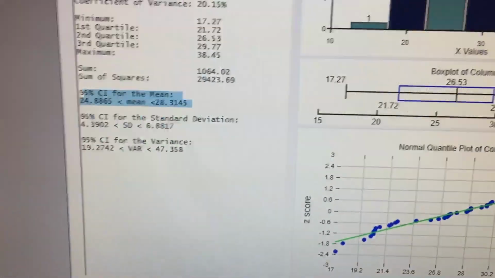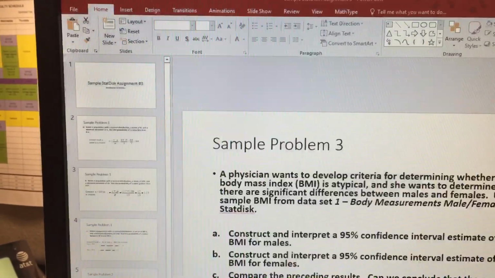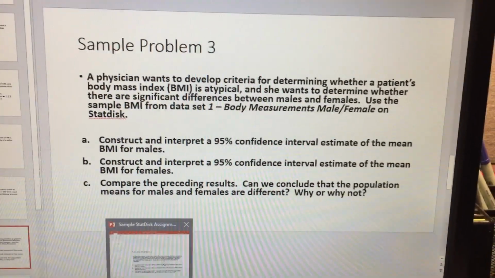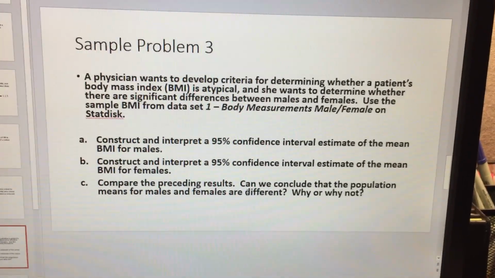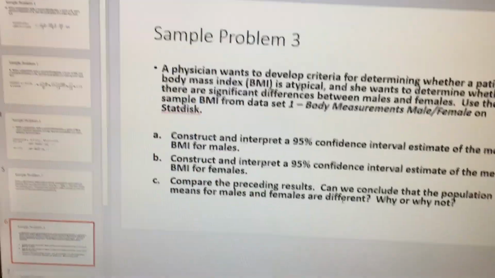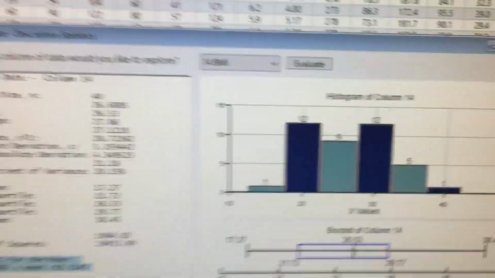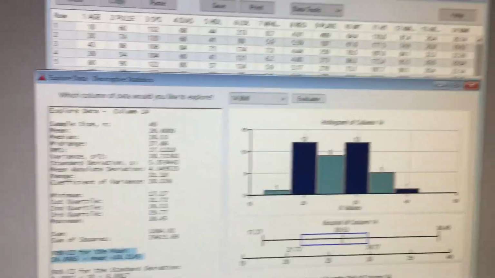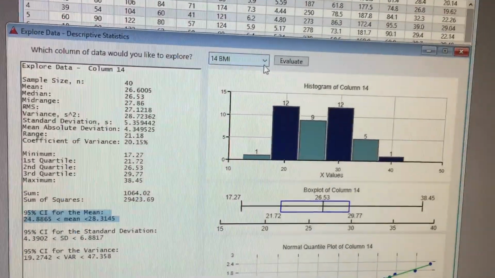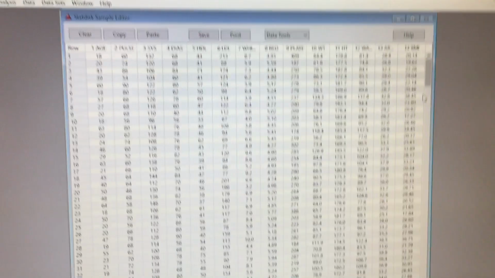Okay, now the B part. I'm going to go back to the PowerPoint, where it says construct and interpret a 95% confidence interval estimate of the mean BMI for females. So if I go back to StatDisk, I need to exit out because this is only for males.